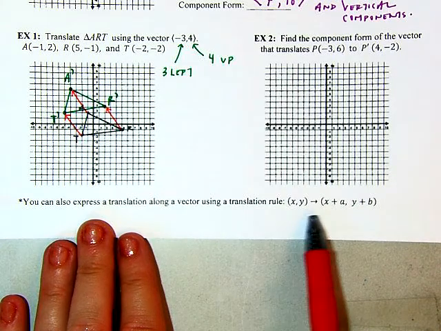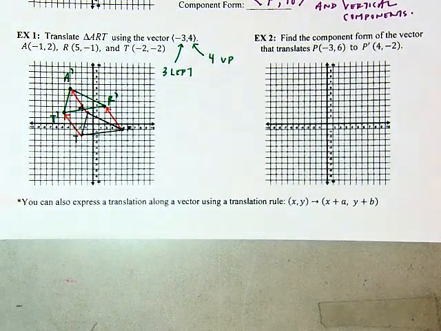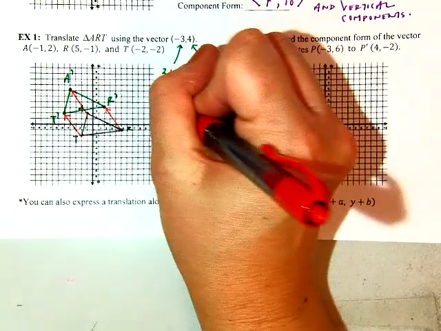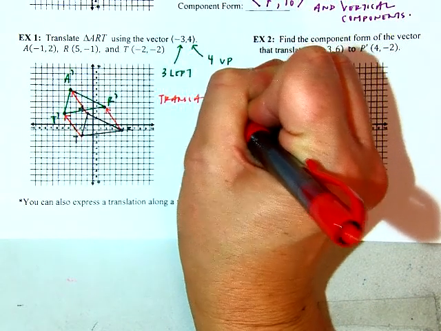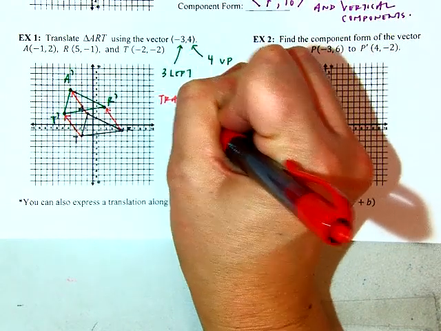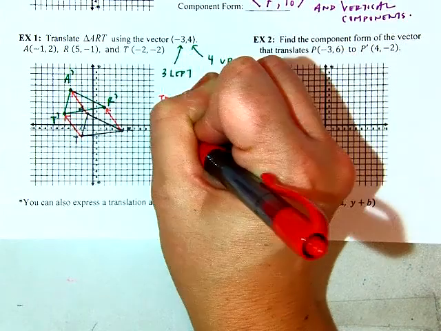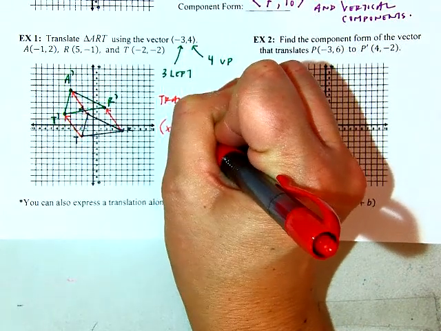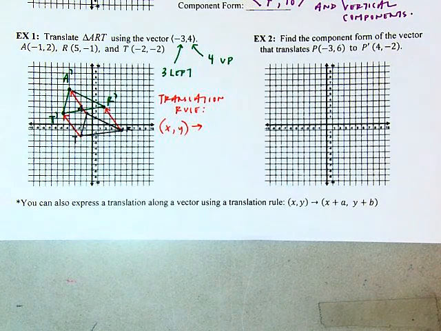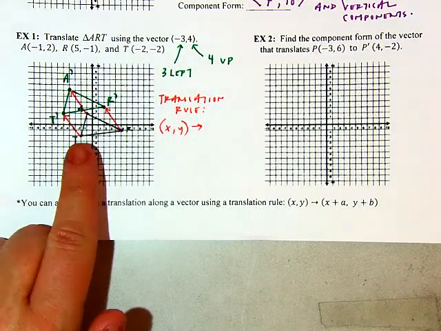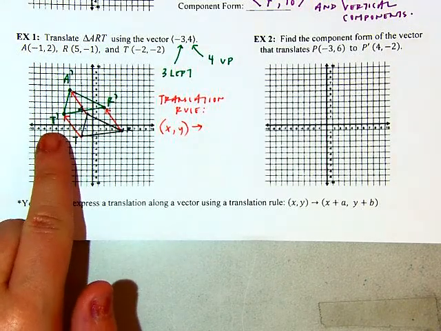Okay, at the bottom, I'm also pointing out that you can also express a translation along a vector using a translation rule instead. So let me write this as a translation rule. So any rule, we start with (x, y) arrow to the right. So what is it that we're changing? We're taking each x value and we're really subtracting 3, right? To get from here to here, the x value is less 3.